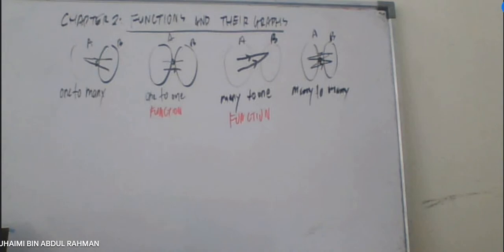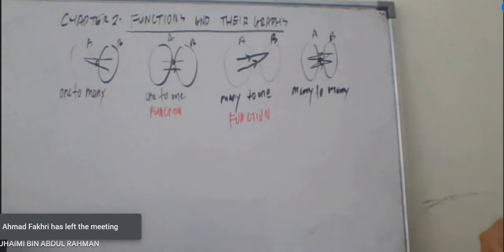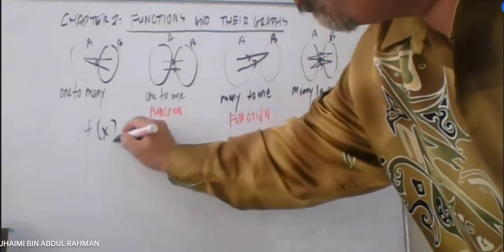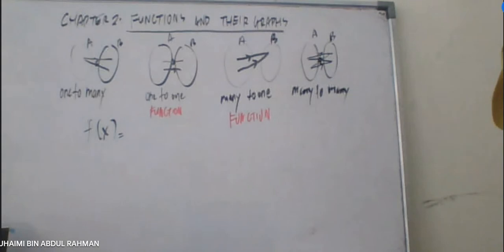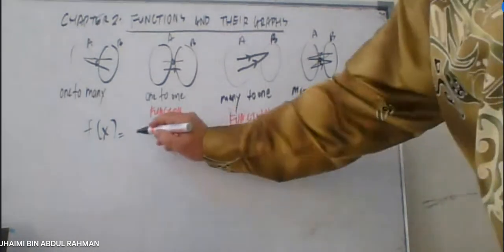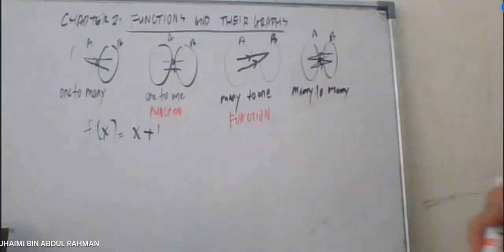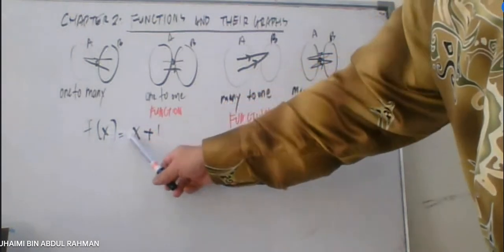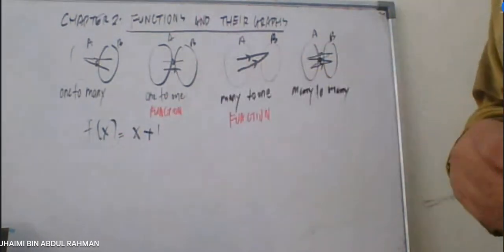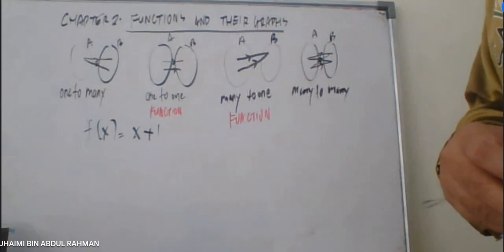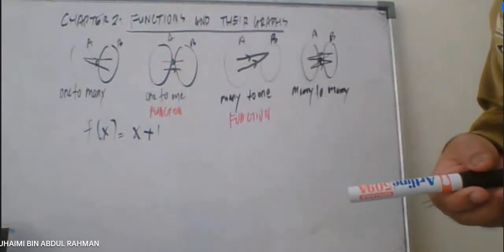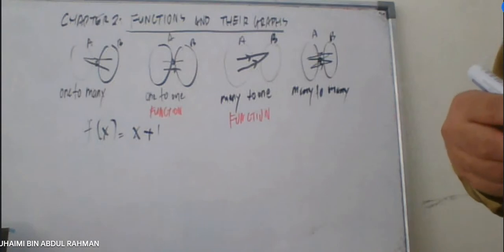For example, given one function f(x) = x + 1. For example, yes, this is a function, since one value you put in terms of x here, you get one value for f(x). It will not go to more than one.